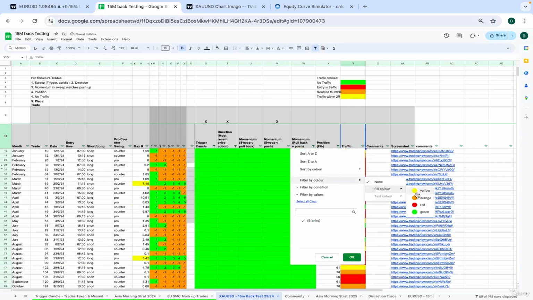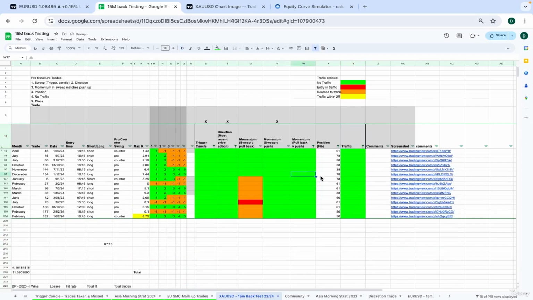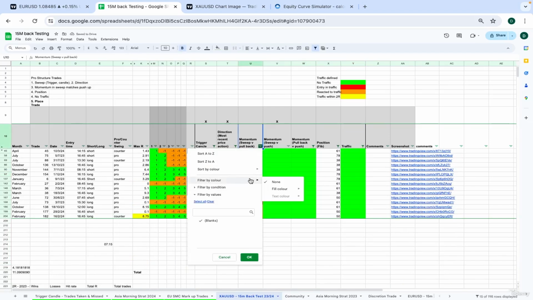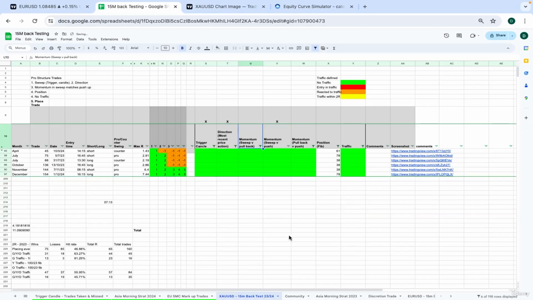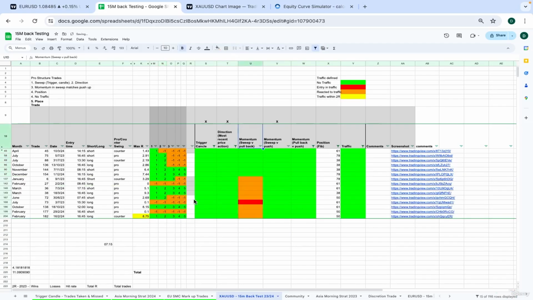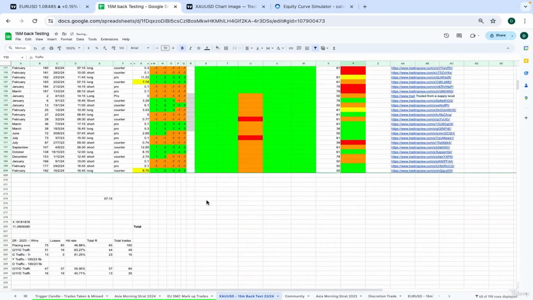Filter by colour, greens. And then you can start to look at all the perfect trades and see how the perfect trades got on, which obviously there wasn't many in this scenario where we've had every single box ticked green. But when we do look at all these, that's like a 90% hit rate at 2R. It just shows you, as an example, what you can do with the different parts of this data sheet.